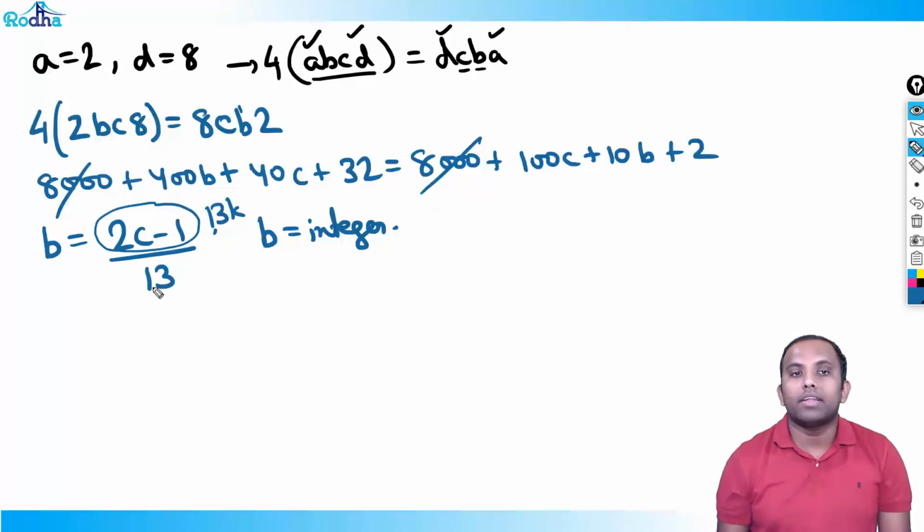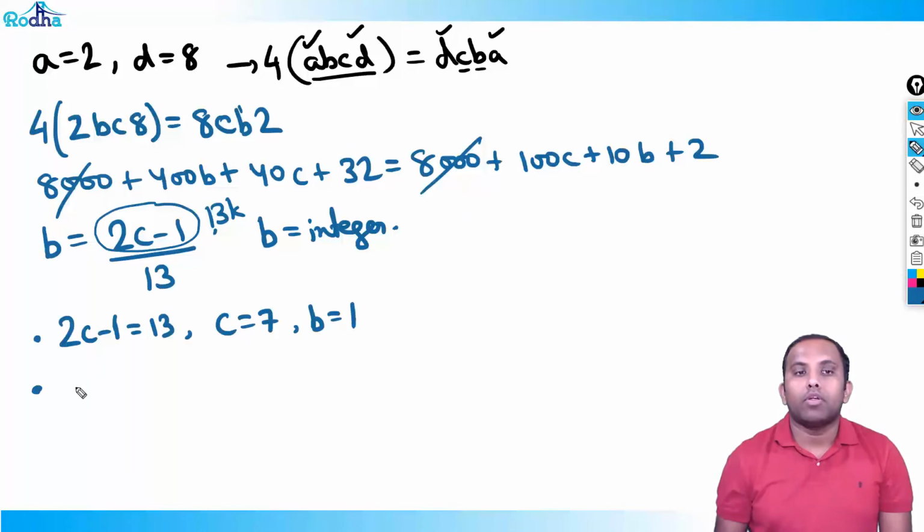That means 13 should completely cancel, right? Any multiple of 13 only will cancel 13. So if 2C minus 1 equal to 13, in that case C equal to 7, in that case B equal to 1. Next multiple of 13 is 2C minus 1 equal to 26.